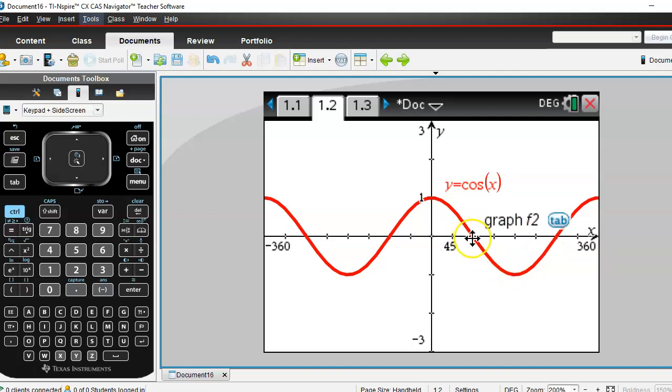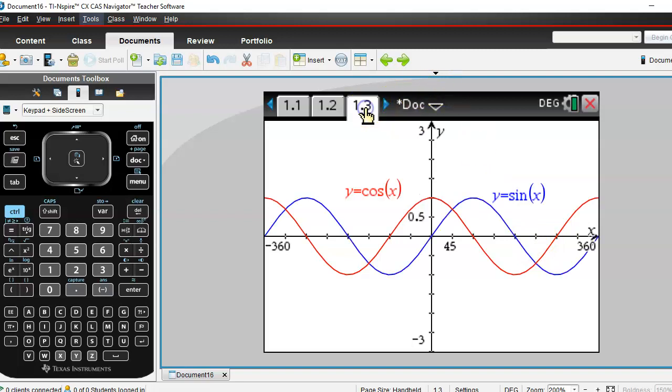The values of cos. Remember, all students take cake. So in these 2 quadrants, the value of cosine is negative. So it goes down to -1, back up to 0, and then that last quadrant up to +1. So there's the 2 of them compared to each other.